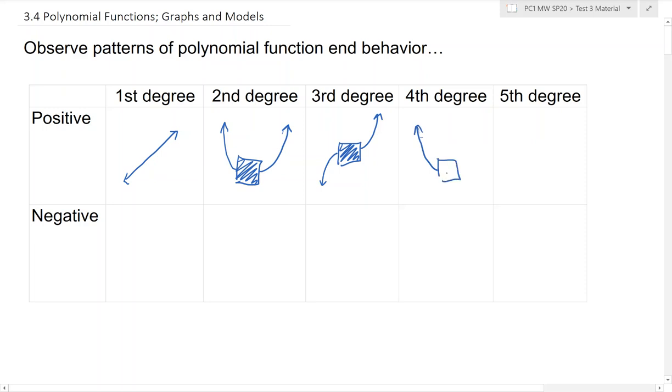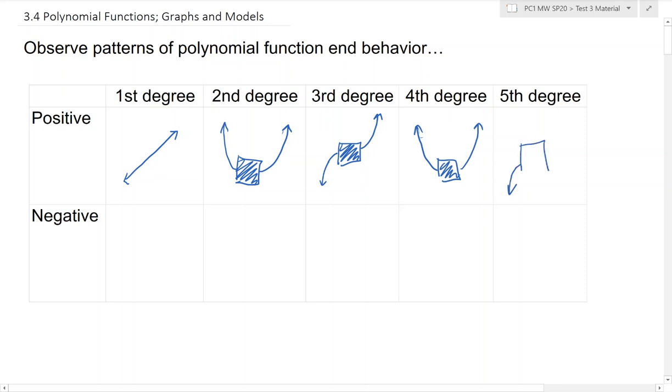And doing the same here. Fourth degree positive, could be doing some stuff there in the middle that we don't know yet what it is because we don't have an actual function, but I do know that the ends are going to do something like this.